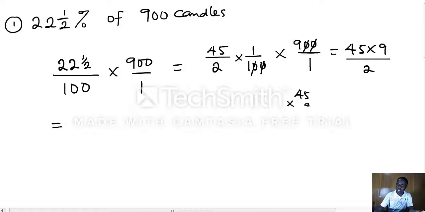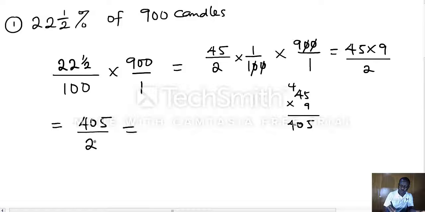45 times 9: 9 times 5 is 45, you write down 5, carrying 4. 9 times 4 is 36. 36 plus 4 is 40. So this is 405 divided by 2, which is equal to 2 into 4 is 2, 2 into 0 is 0, 2 into 5 is 2, remainder 1 over 2.